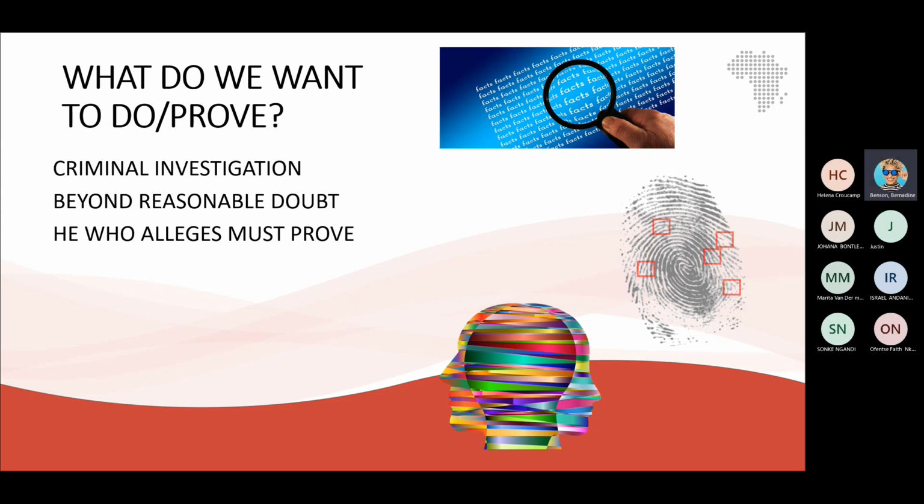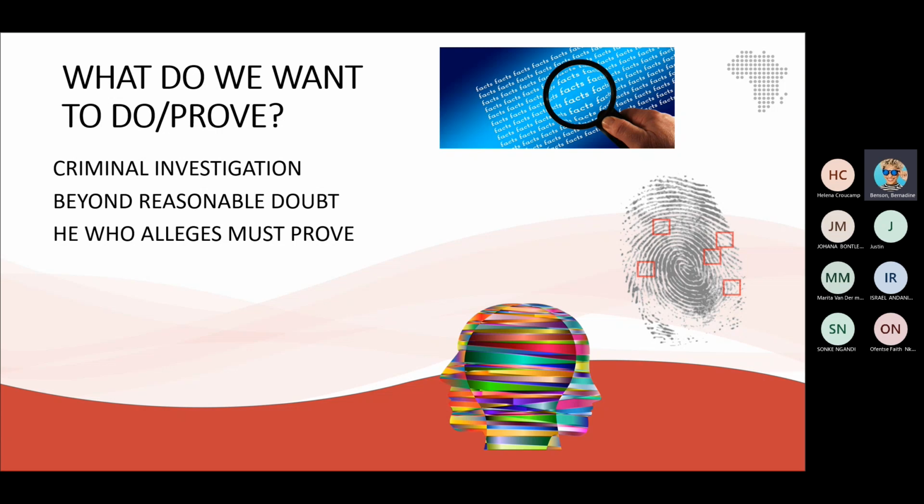But if you are doing an investigation and your tribunal, where you are going to end up, is in a court of law, as in a criminal offense, you go to either a magistrate court, a regional court, or a high court, depending on what the offense type is. Your standard of proof is beyond reasonable doubt.